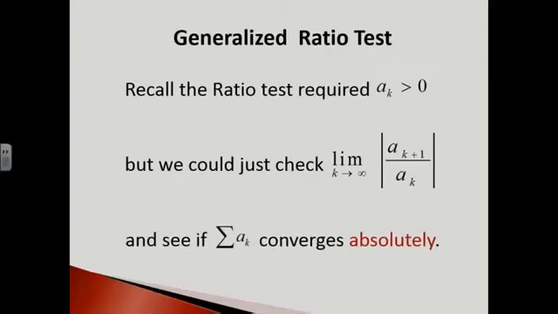If this limit is less than 1, then the series sigma a_k converges absolutely. If this limit is greater than 1, then the series sigma a_k diverges. This is the end of section 8.6.